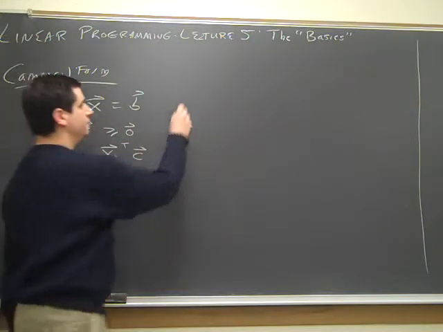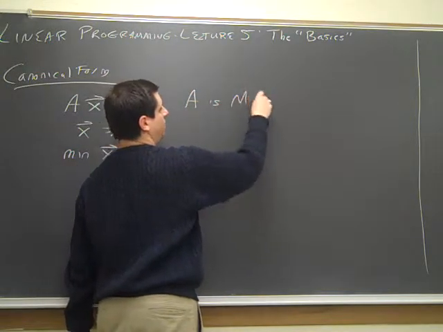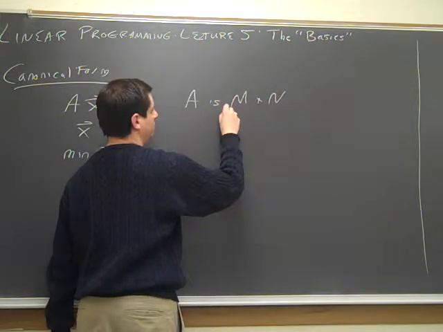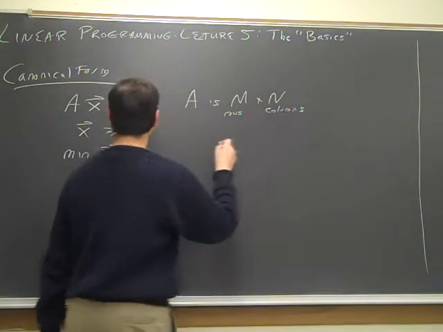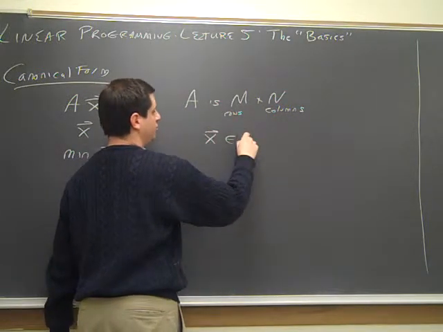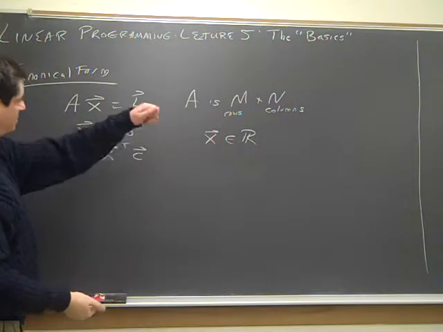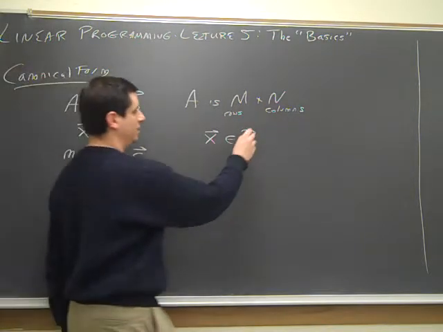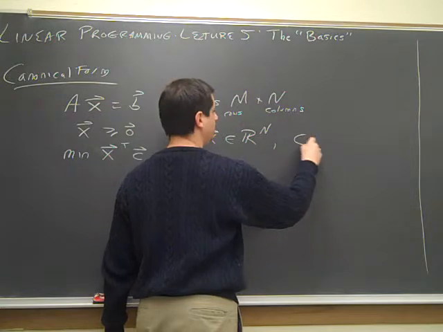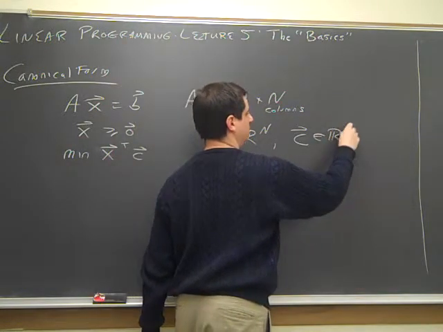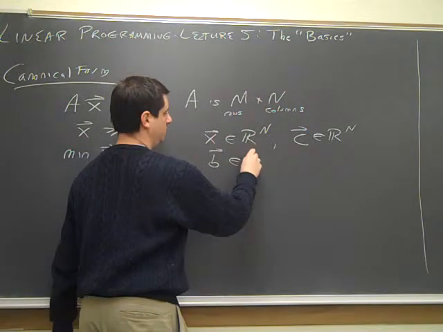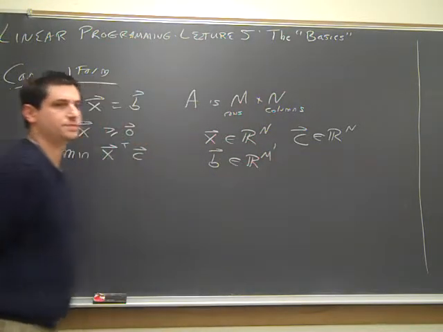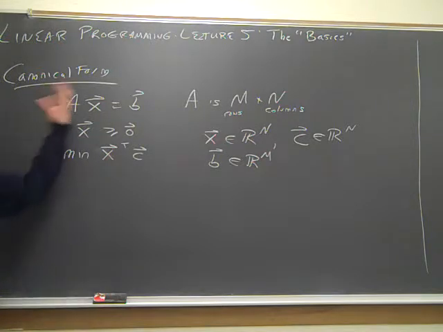And to be really specific, A is m by n, so this is the number of rows, this is the number of columns. x is going to live in, so if x is hitting A like this, x has to live in Rn, c has to live in Rn, and then b lives in Rm.